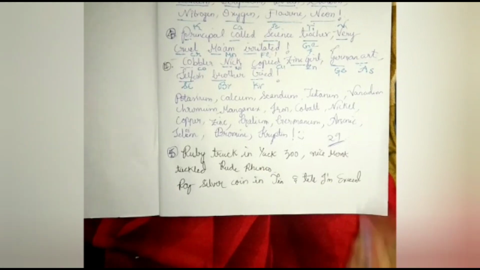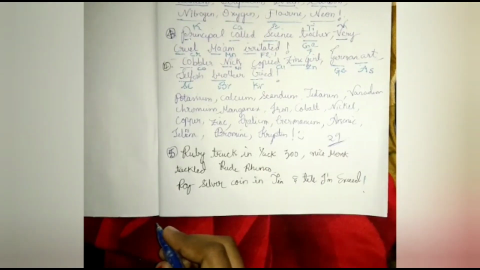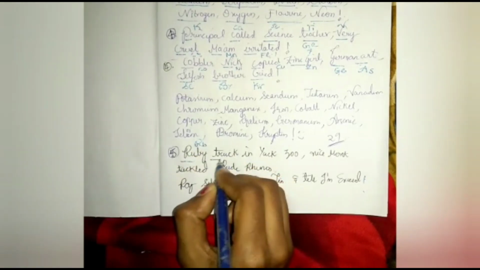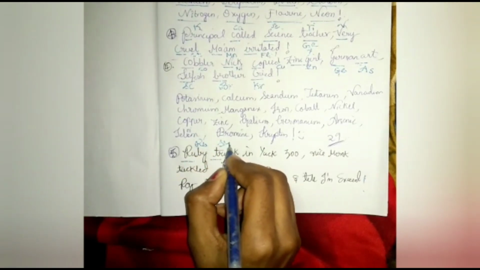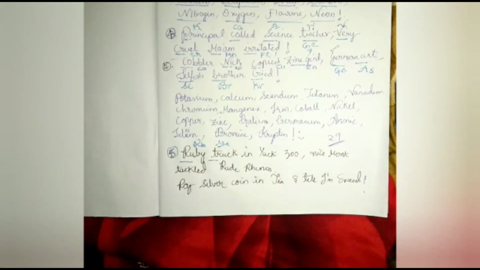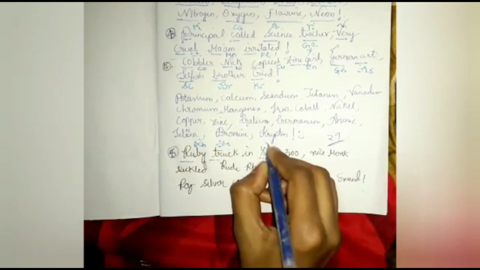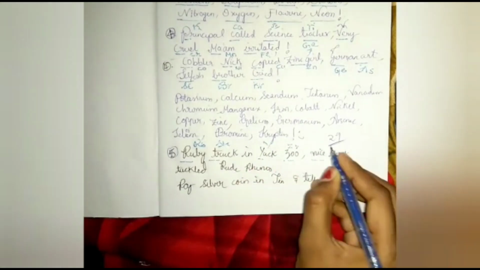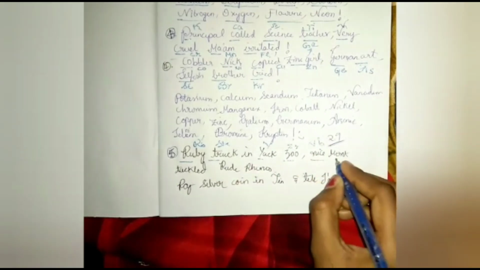Okay, so here ruby, that means Rb, strontium, Y, Zr, Nb, monk, Mo, Tc, Ru, rhino, Rh. Very easy to understand, I think, and very easy to remember the lines.